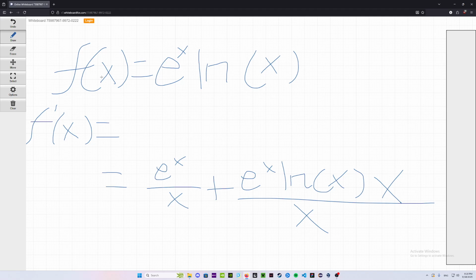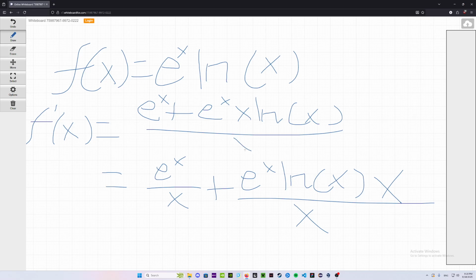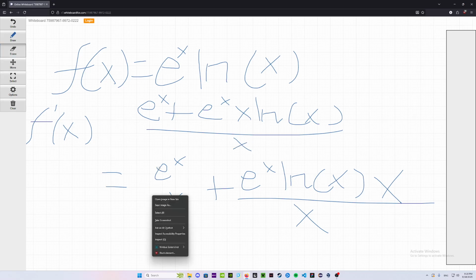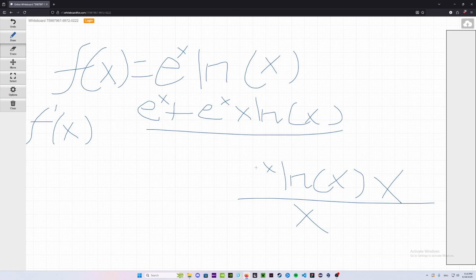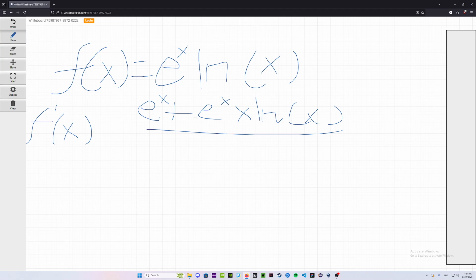And so you're going to be left with e^x plus x ln x, all over x. Now, we're still not done. So once we do this, let's take a look at this.